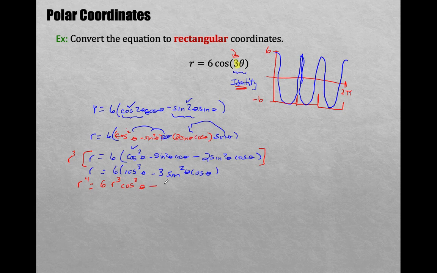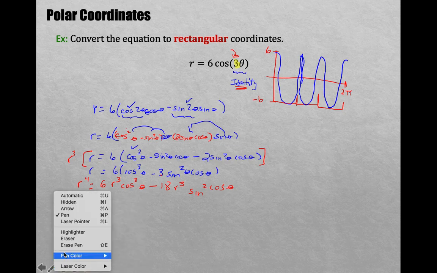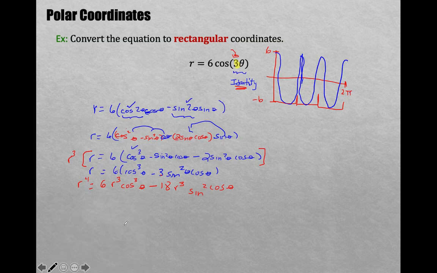And distribute the 6. So this becomes 18. And what do I have here? Remember, I can replace r squared with something.